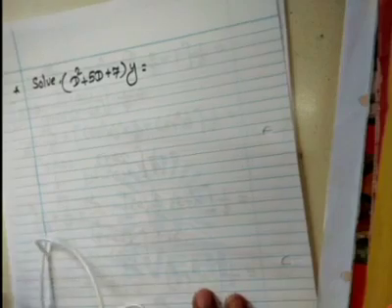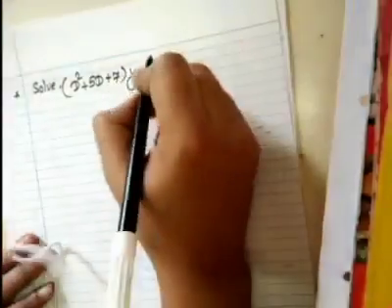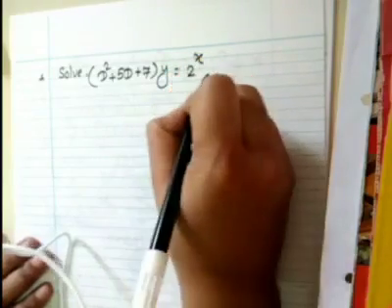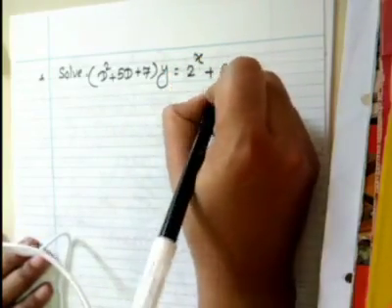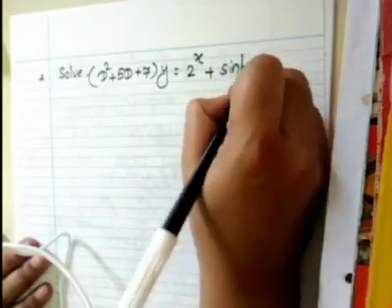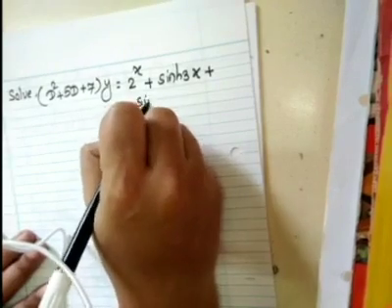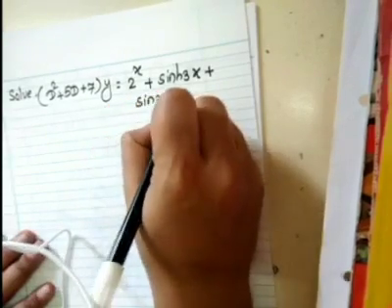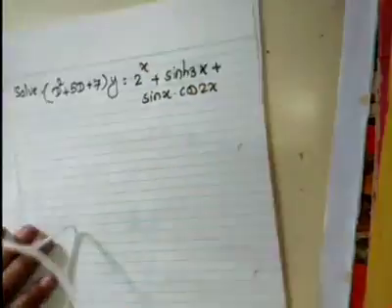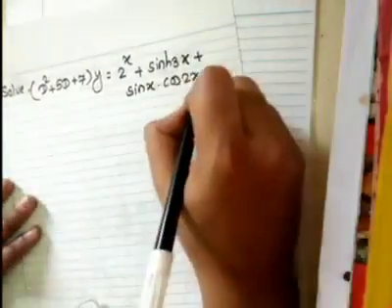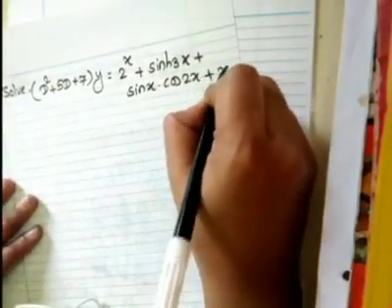And on this, d square plus 5d plus 7y is equal to 2 raised to x plus sine hyperbolic 3x plus sine x into cos 2x, plus, we'll write one more, okay, plus x cube.